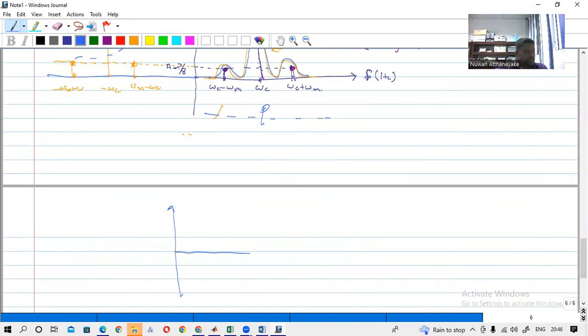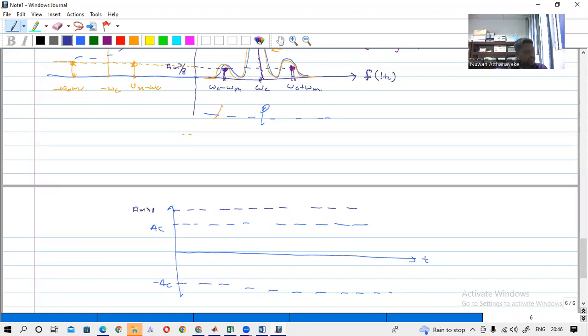We know that this is time, and we have AC, and here we have minus AC. Here you have AM plus AC, where AM is the amplitude of the modulating signal, and here you have AC minus AM.